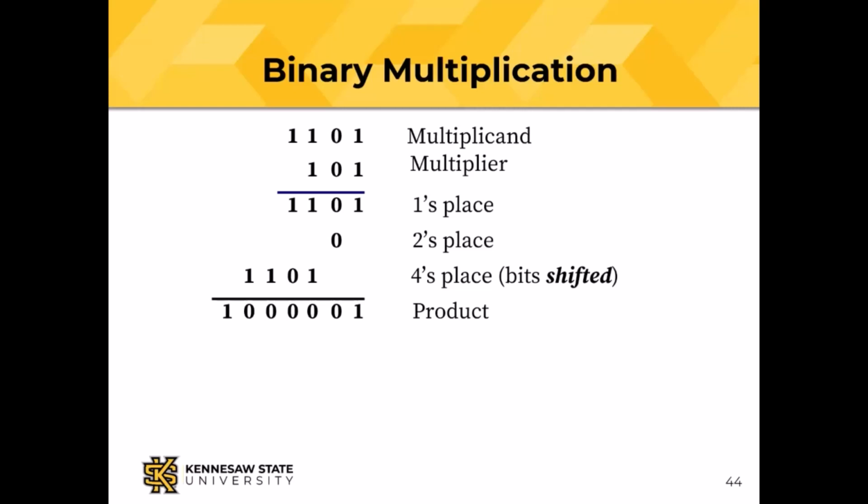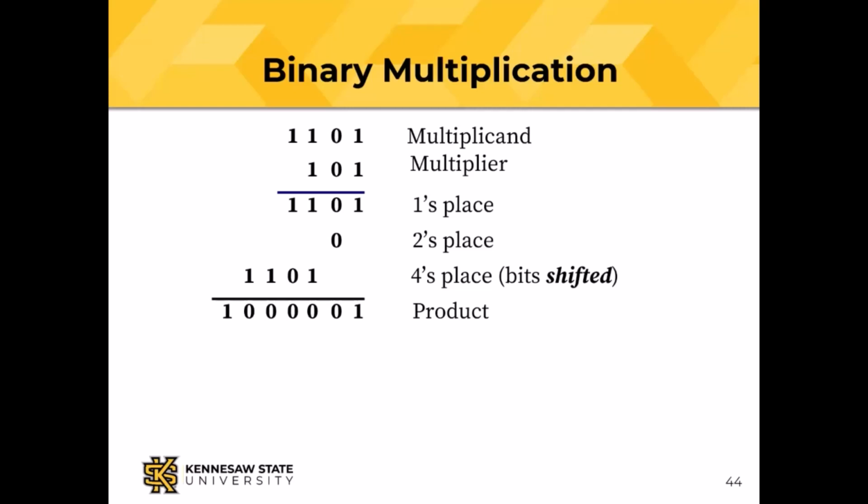We're going to do multiplication just like we would do decimal multiplication, form partial products and add them up. But look at the multiplier, the 1, 0, 1. 1 times 1101, that's the multiplicand, is just 1101. Okay? 1 times 1101 is 1101. Not tough at all.